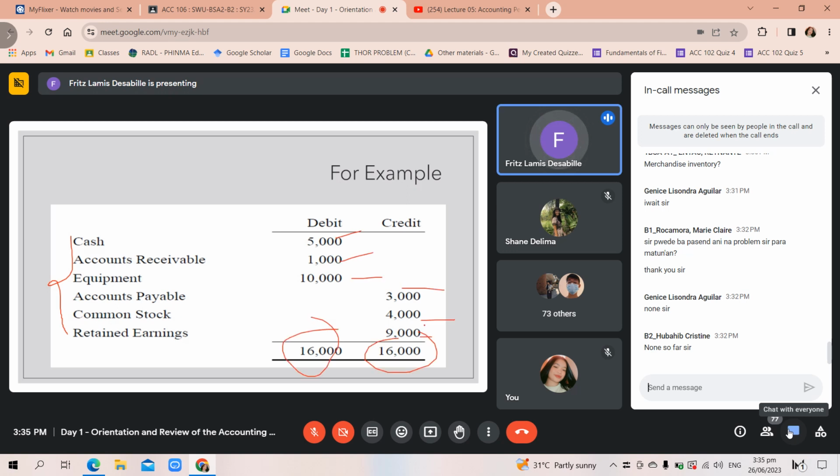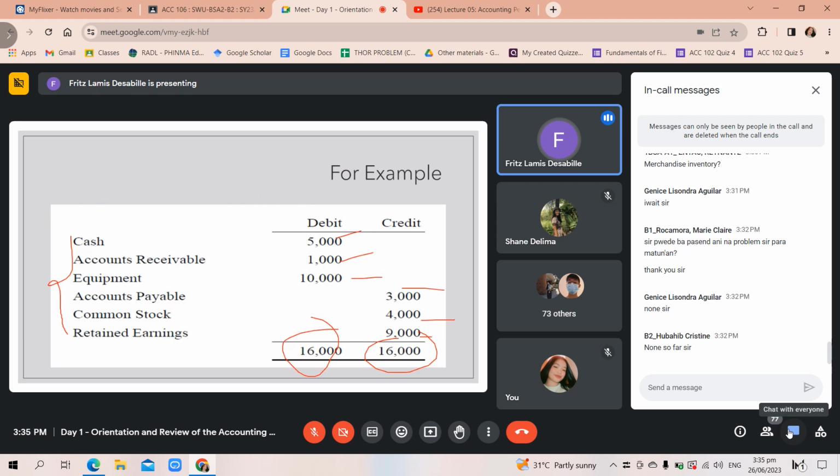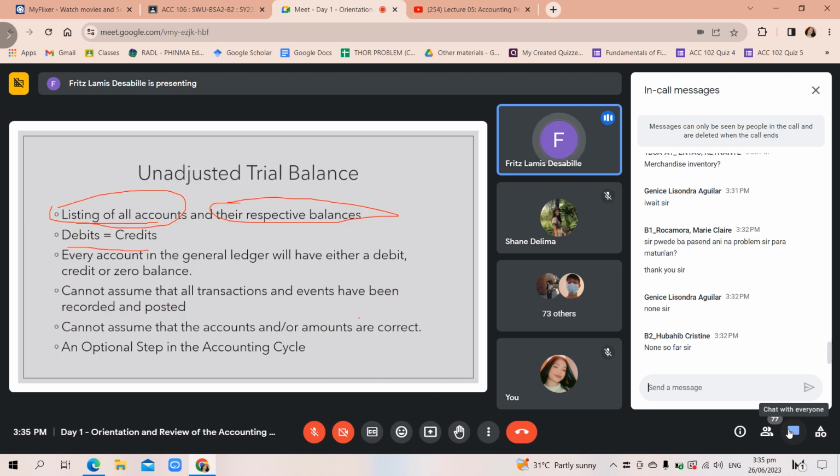So debits should always equal credits. That's the point of the double entry system. Every account in the general ledger will have either a debit, a credit, or a zero balance.